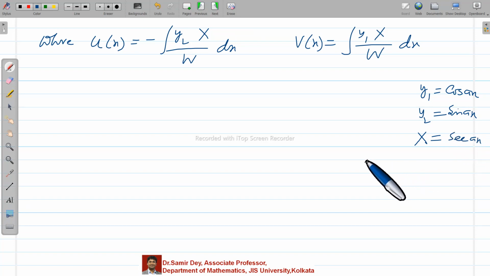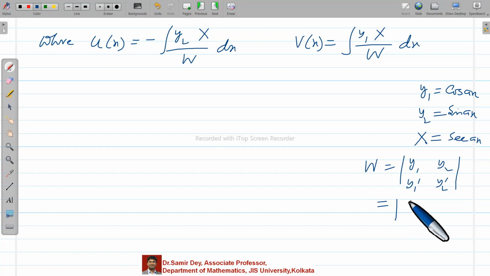Now, what is your W? W is equal to, you write down, that is called the Wronskian. That is your y1, y2, y1 dash, y2 dash, that is the derivative of it. So here in this particular problem you have cos ax, sin ax.